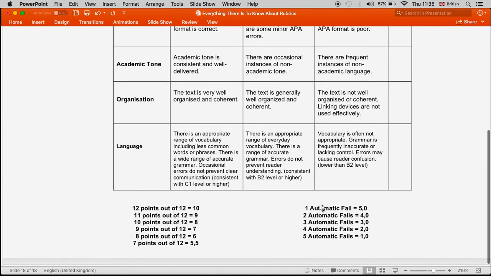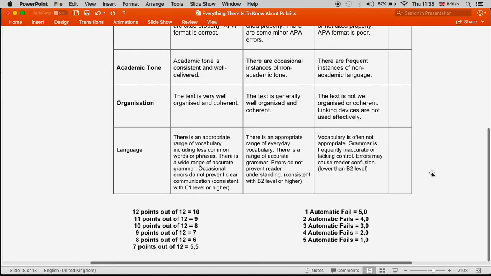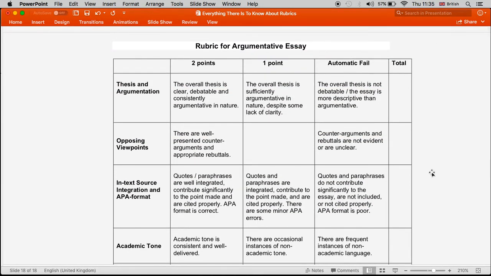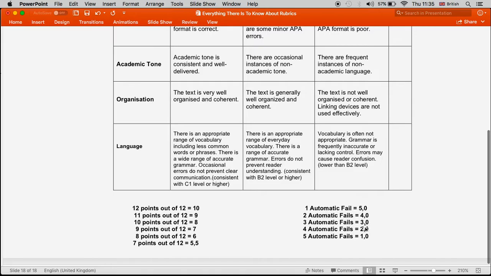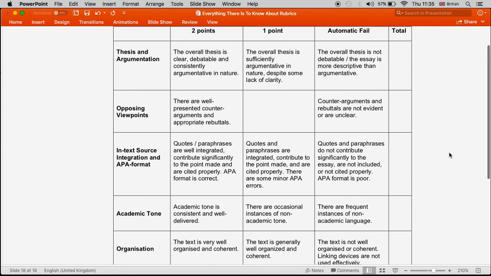So if they have one of these boxes here, it's automatically a 5. If they have 2 of these boxes, it's automatically a 4, a 3, a 2, a 1, okay? So it's clear to the reader, the user, the student, the learner, when they would fail the essay. And it's based on anything in this column.